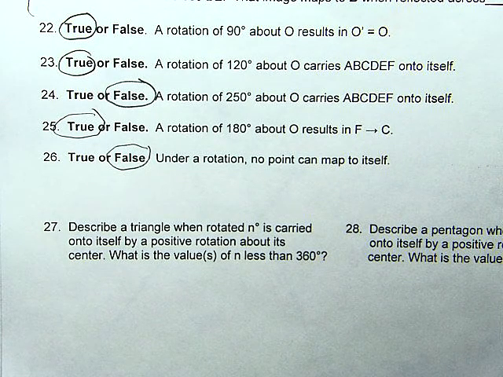So if the question asked, under a rotation, no point other than the center point can map into itself, the answer would be yes, as long as the rotation isn't 0 degrees, because a rotation of 0 degrees would keep all points the same, right? So as long as the rotation was not a 0-degree rotation, any positive or negative rotation would keep only the center point the same and change every other point. Every other point would rotate in a circular movement around the center point.